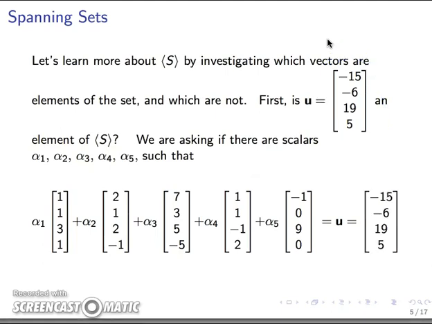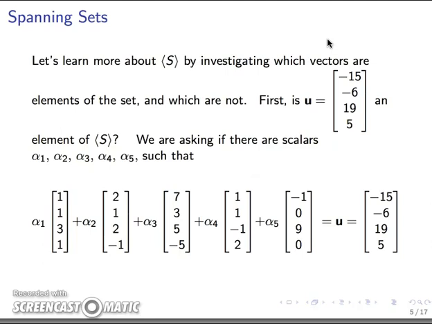Once we write this question as a linear combination, we realize that this type of question is equivalent to finding solutions for a system of linear equations.